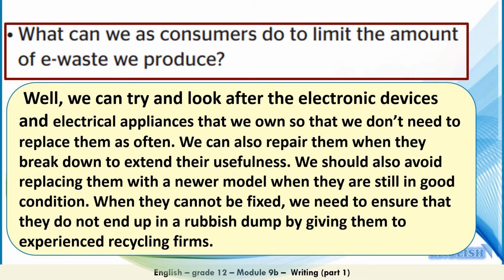We can also repair them when they break down to extend their usefulness. We should also avoid replacing them with a newer model when they are still in good condition. When they cannot be fixed, we need to ensure that they do not end up in a rubbish dump by giving them to experienced recycling firms, for example.